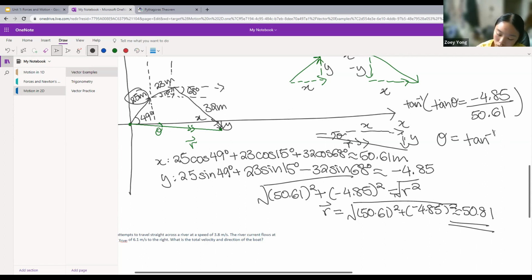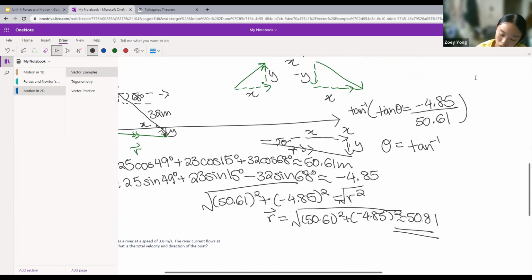So if you do the inverse of one side, you need to do the inverse of the other side. So what you get is negative 4.85 divided by 50.61, and you get the inverse of that. And luckily, we don't have to figure out how to do that by hand because we also have a button right here, the inverse tangent button, right above the tangent button that can help us calculate.